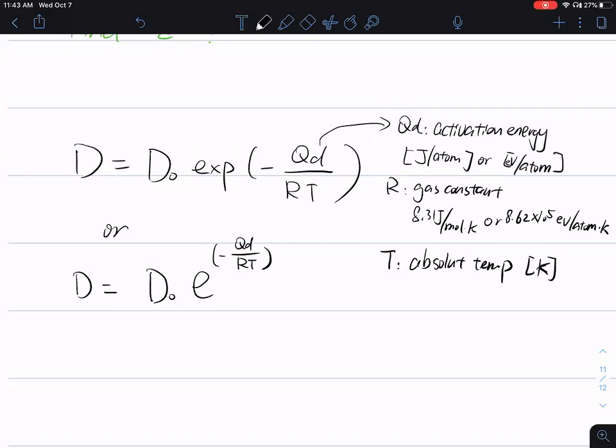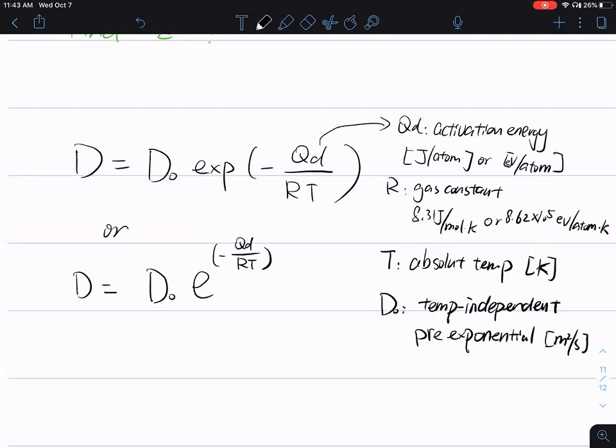So this equation tells us if we change temperature, then we're going to get a different diffusion coefficient. Here I didn't expand this. D naught here is a time independent pre-exponential. The unit is meter squared per second.